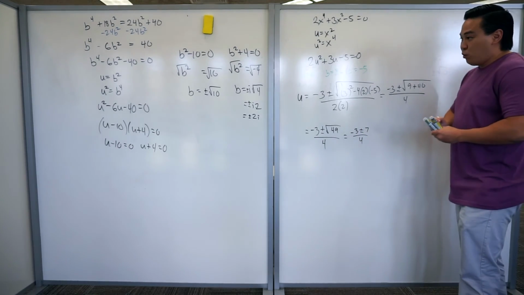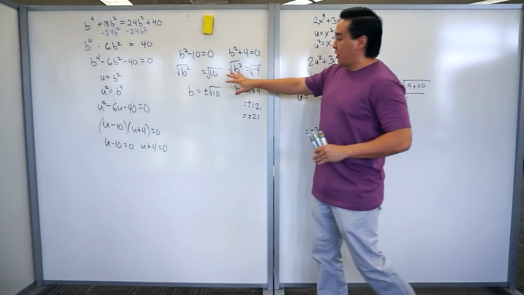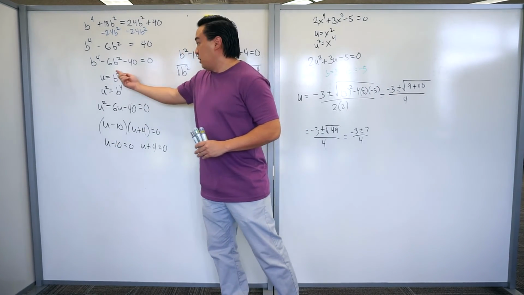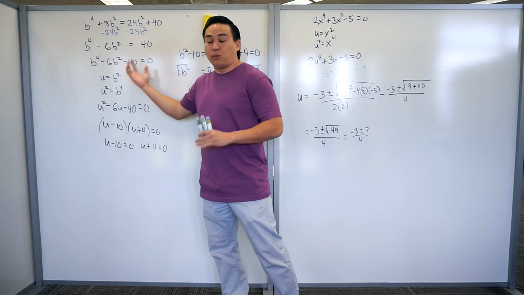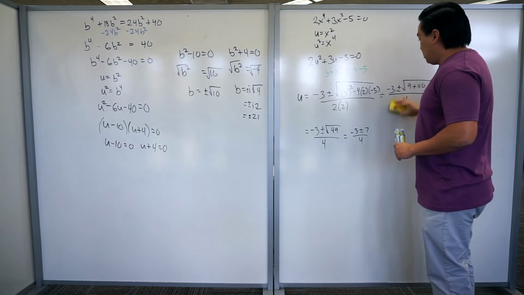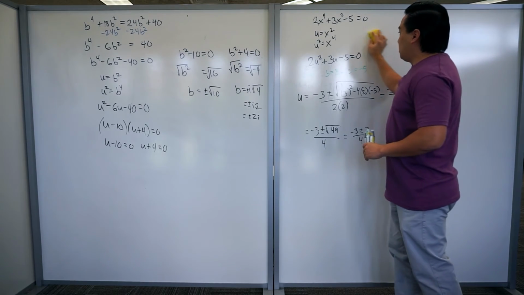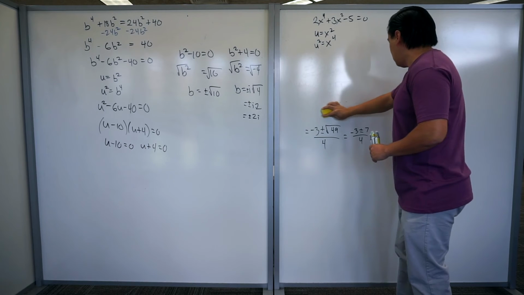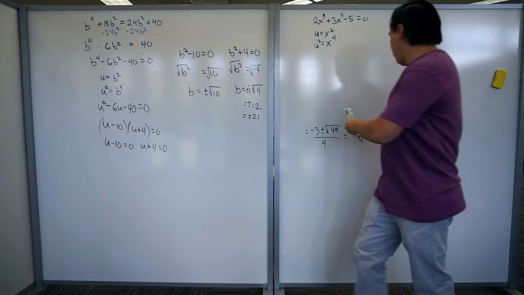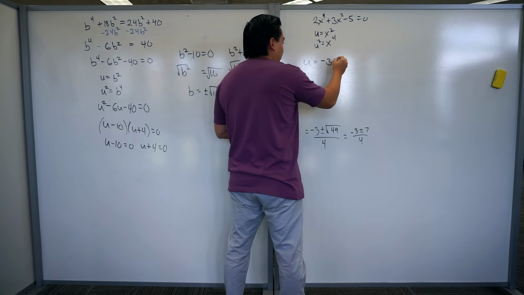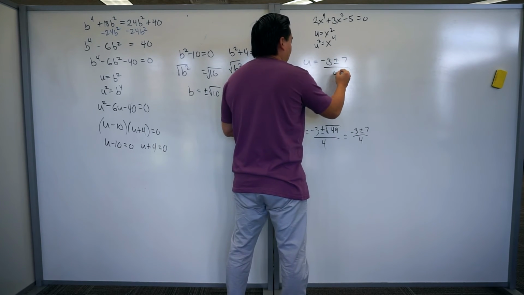Now, we haven't done this last step yet over here, which is once we get the u variable, we have to pull it back in to make sure that we have the original variable in the equation. So let me rewrite this part. What we really have here is u is equal to negative 3 plus or minus 7 over 4.